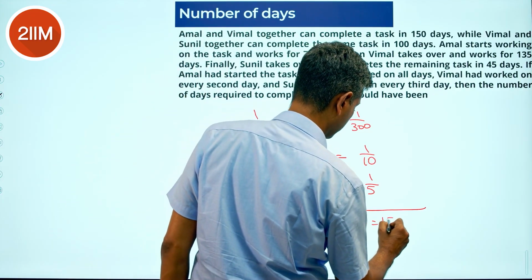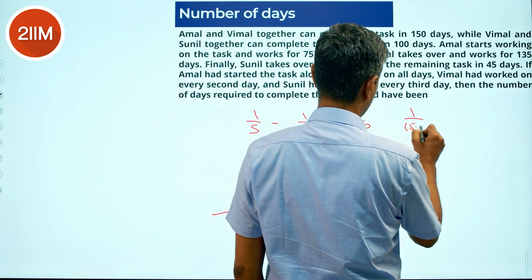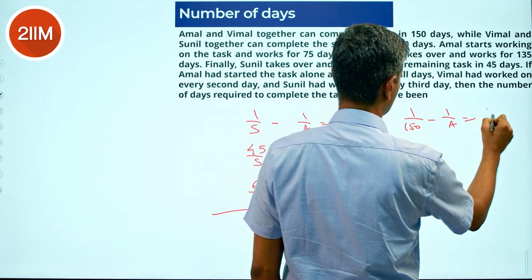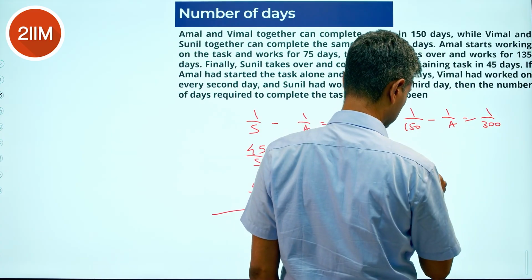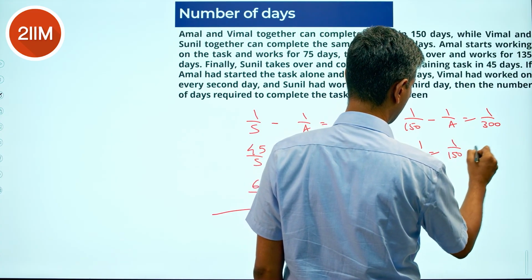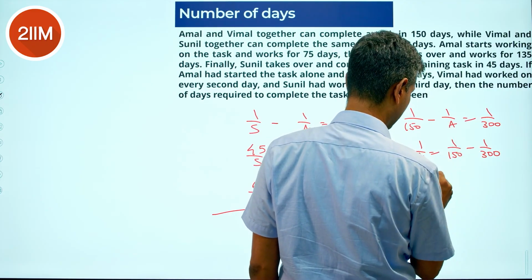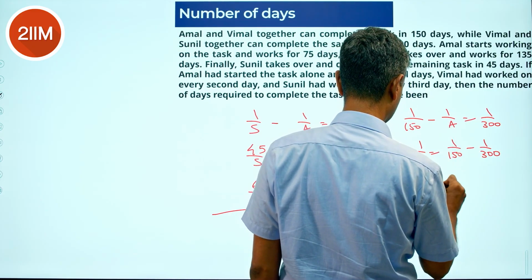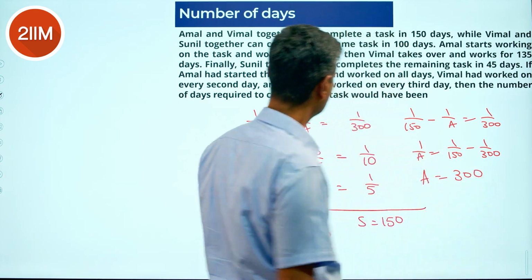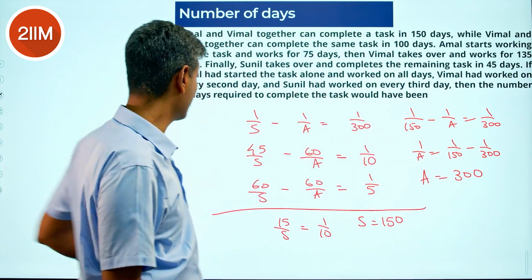S equals 150. 1 by 150 minus 1 by A equals 1 by 300. 1 by A is 1 by 150 minus 1 by 300, so it is 1 by 300. A is 300. Amal takes 300 days, Sunil takes 150 days.